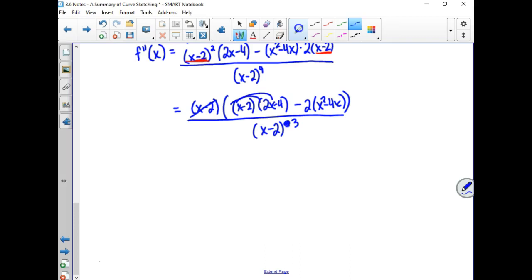We have to FOIL this out, so we'll get 2x squared, minus 4x, so we'll get minus 8x there in the middle, plus 8, minus 2x squared plus 8x, so that's good. Some stuff cancels there.